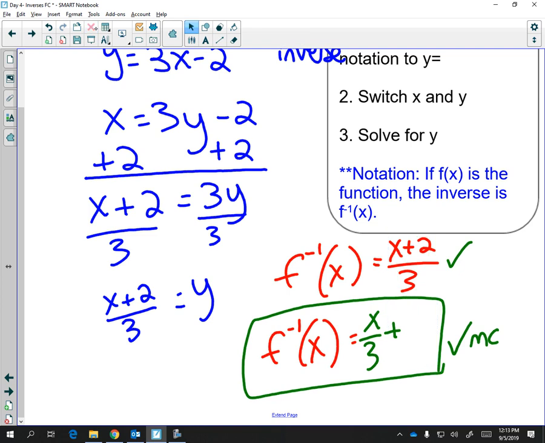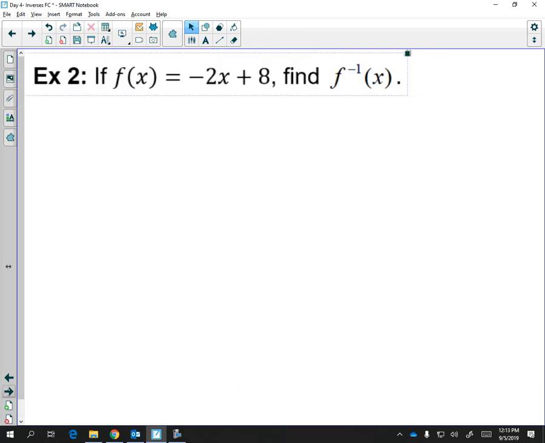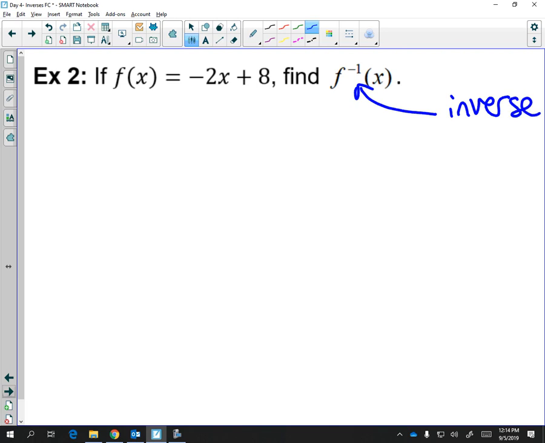If you think you're okay with this problem, let's try another. Here, again, they're asking you to find the inverse. And we're not going to skip step 1. We're going to write it in terms of y. Your next step is to switch positions of x and y.